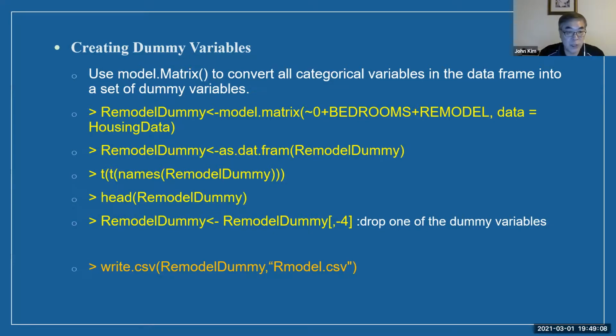So using a minus sign means the first column is removed. If you want to remove whichever column, do that.